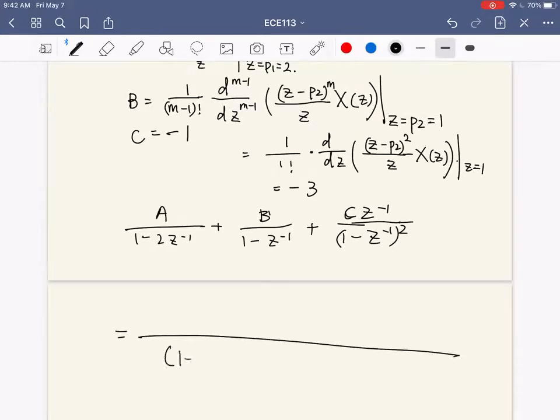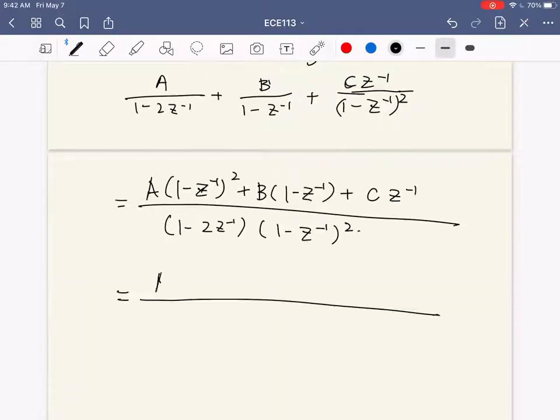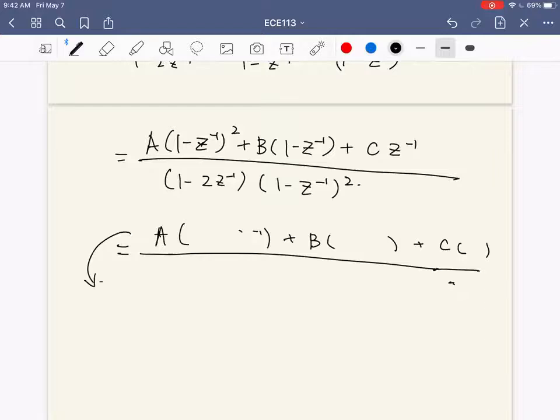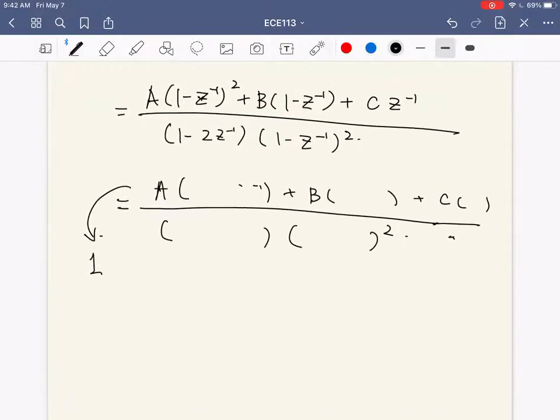Actually, we can also do it for this specific question, okay? And then we want to merge them together again. And then we'll get A times 1 plus B, right? And you split them again, you get an expression in terms of A, B, C, and D. And then we know the numerator should be 1, right? So you get the equation of A and B and C. So you know the coefficients of these terms should be 0.